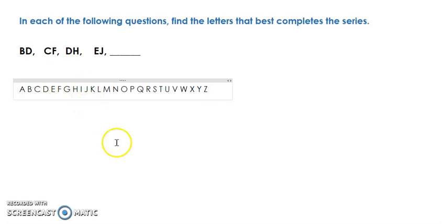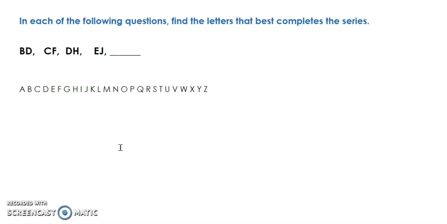All right, so I've written out the alphabet. Now, when I write out the alphabet, I will better be able to see the pattern of the letters.